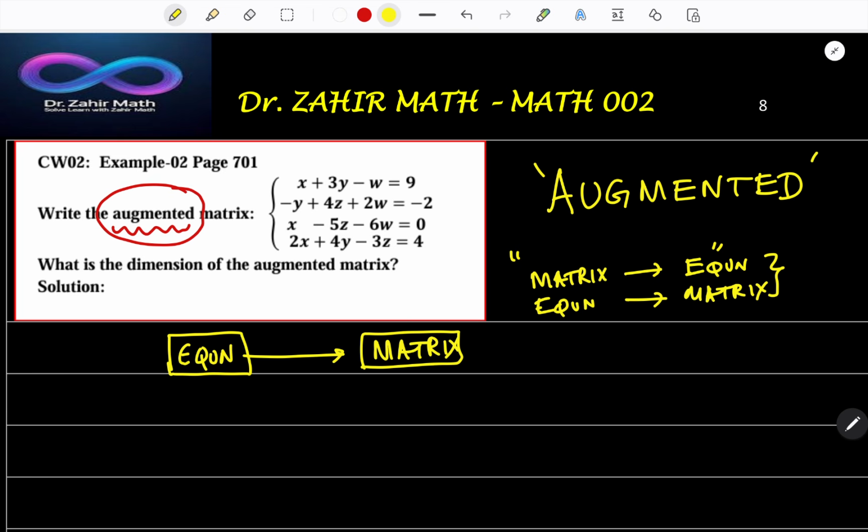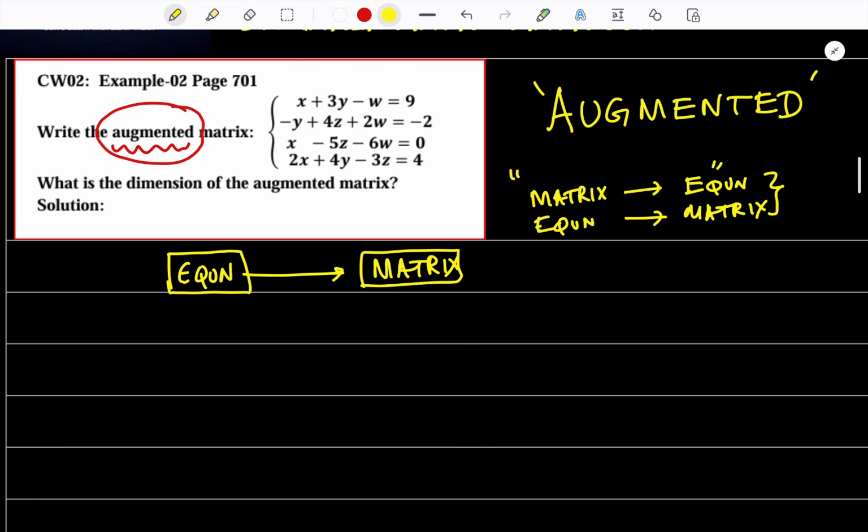Okay, right. So let me tell you how to write this one. So it is an augmented matrix. So let us write the augmented matrix now. Look here. How many variables are there? X, Y. There is a Z here. So Z. And there is a W here. So W here. Right. So keep that in your mind. After that, you should write the constant here. Constant means the numbers after the equal sign.